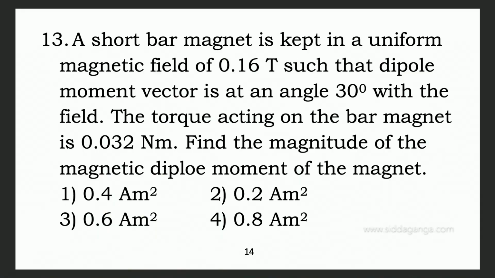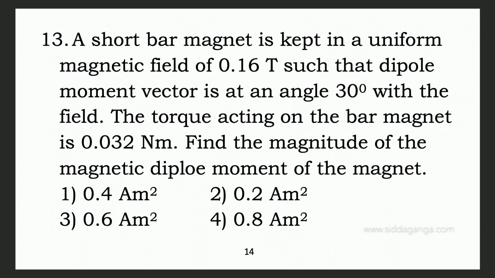A short magnet is kept in a uniform magnetic field of 0.16 Tesla, such that the dipole moment vector is at an angle of 30 degrees with the field.